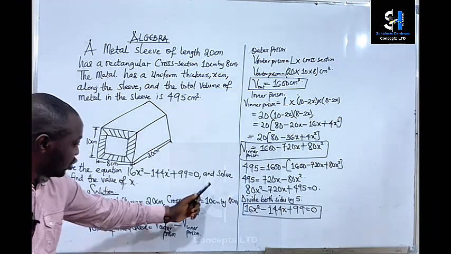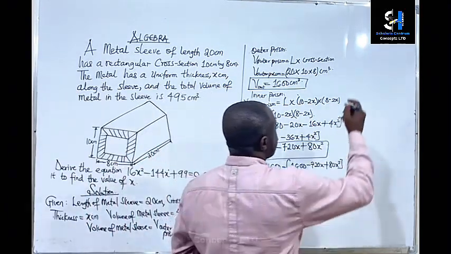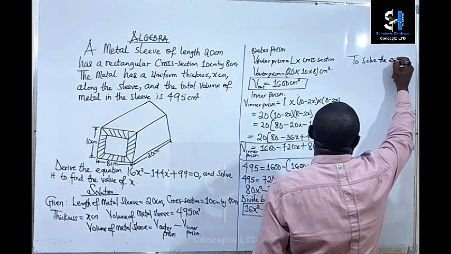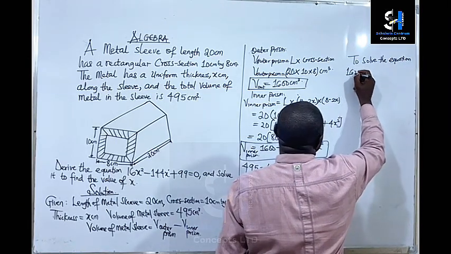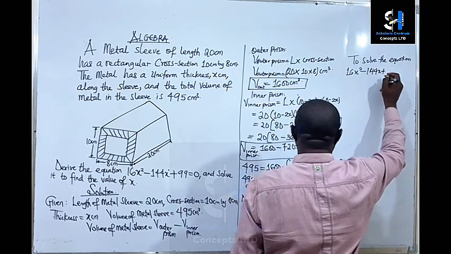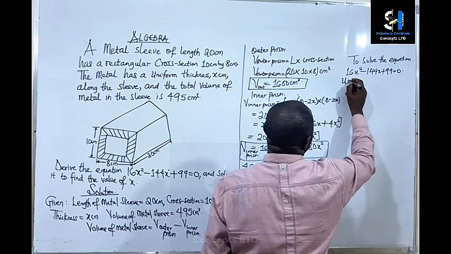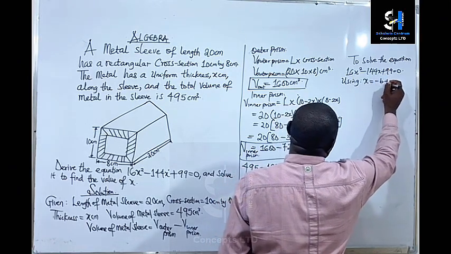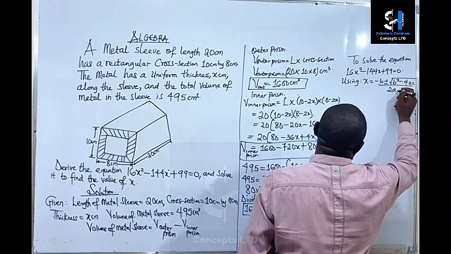So the other question is for us to solve it to find the value of x. So to solve the equation 16x squared minus 144x plus 99 equals 0, let's use the quadratic formula. x equals negative b plus or minus square root of b squared minus 4ac, over 2a.